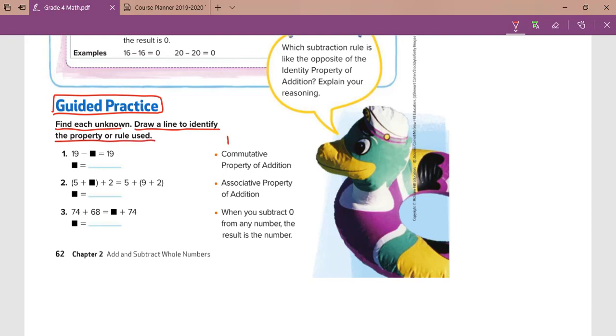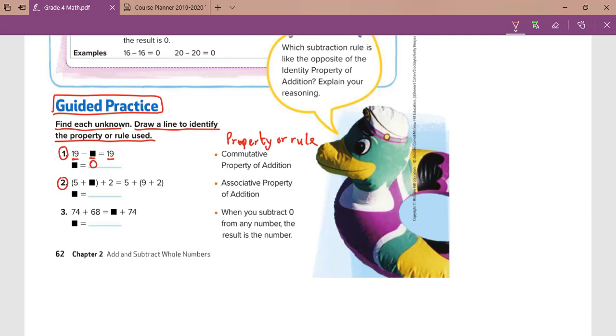So on the right side here is the property or the rule. So we have question 1, 19 minus unknown equals 19. So it's giving you the same answer. That means your unknown has to be 0.